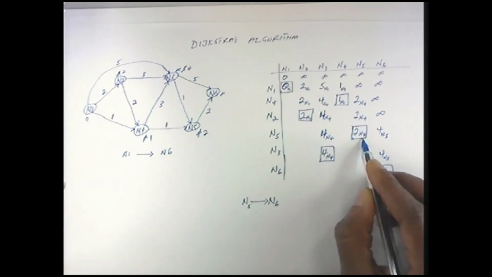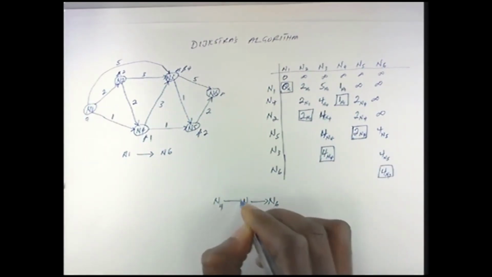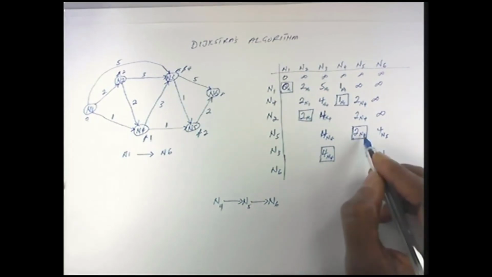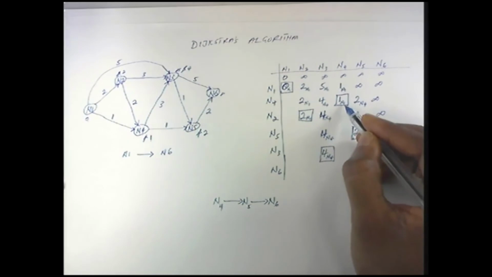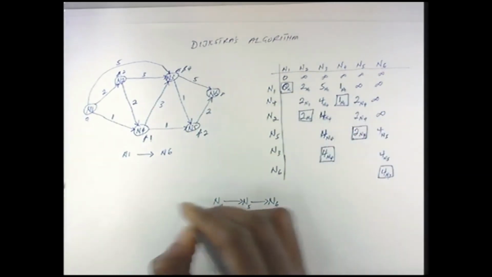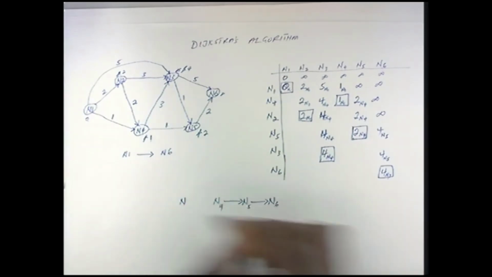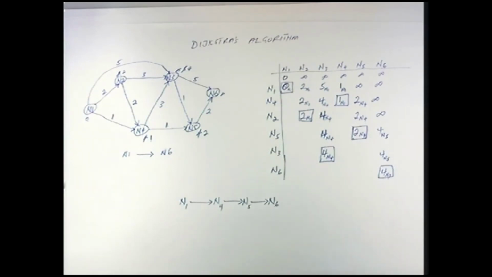We are using the predecessors. So this is N4. Now, N4 came from N1, which of course is our starting node. So I have N1. And this gives us the shortest path from N1 to N6 at a cost of 4.